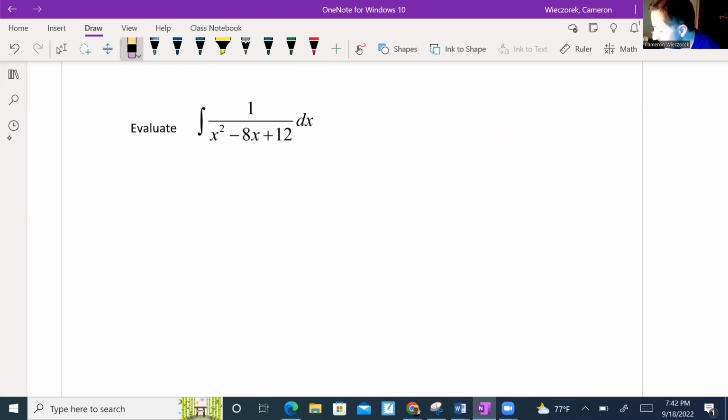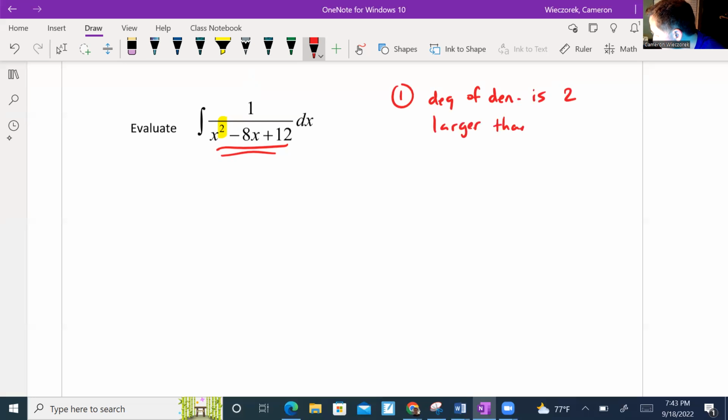Now, what really gives it away is this. The denominator has a degree that is 2 bigger than the degree of the numerator, and the denominator factors. Those are the clues that tell me this is going to be a partial fraction decomposition. So first and foremost, the degree of the denominator is 2 larger than the degree of the numerator.